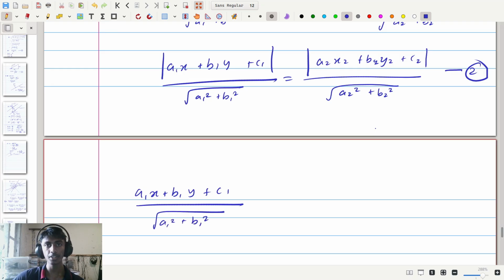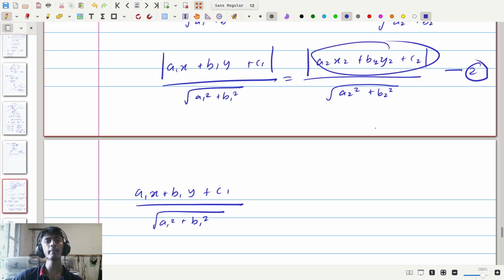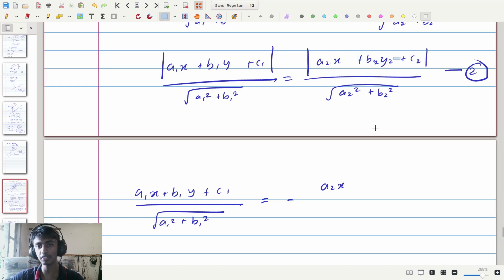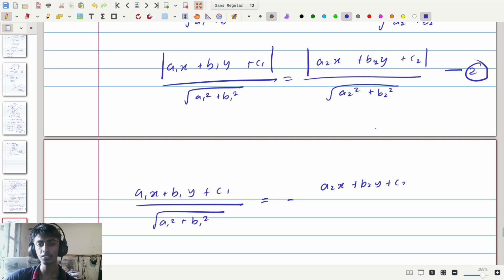But in that case, if it was positive, it means the other thing is negative, meaning the absolute value sign will stick a minus on the front, so this is equal to the negative of a2x2. Actually, I made a mistake here. I have not removed these 2's here. There's not supposed to be a 2 here. We're supposed to have general x's and y's. So a2x plus b2y plus c2 divided by the square root of a2 squared plus b2 squared.